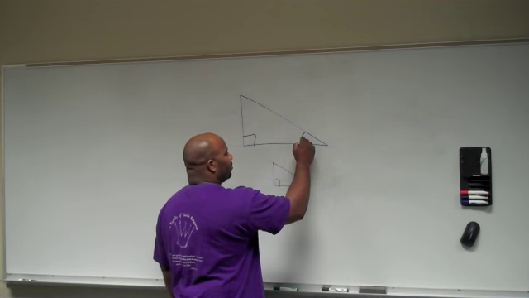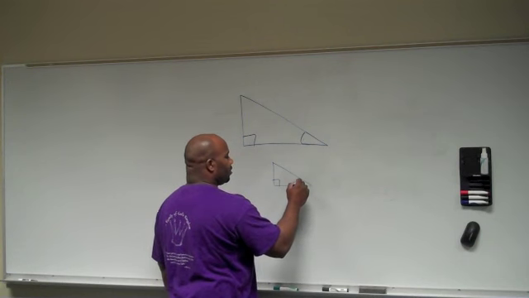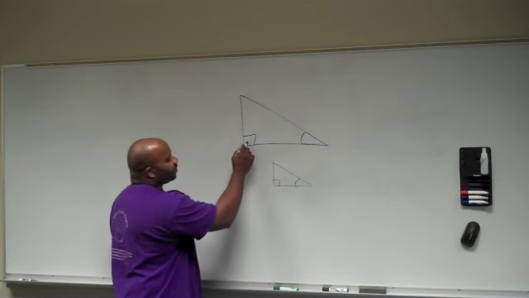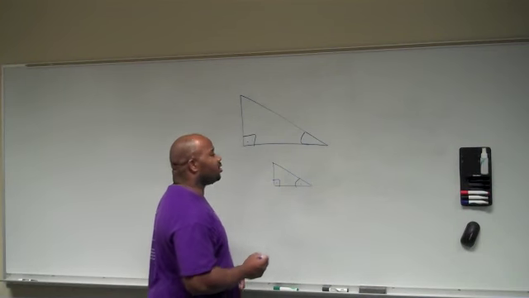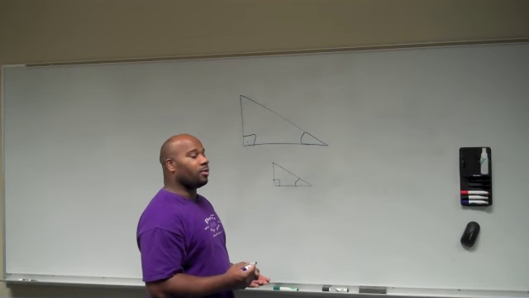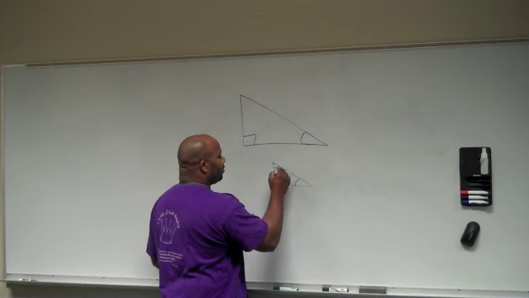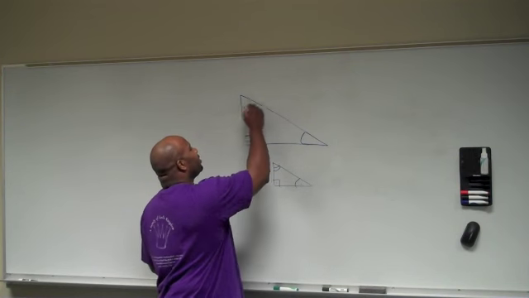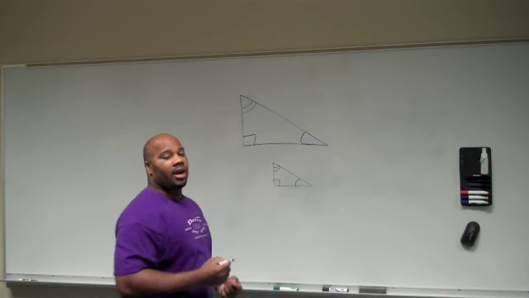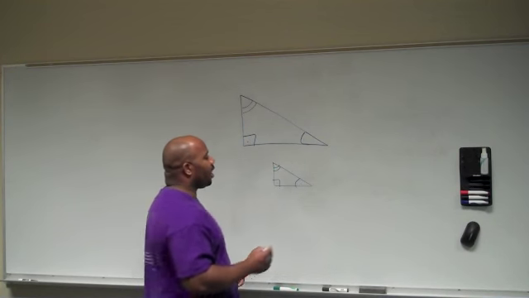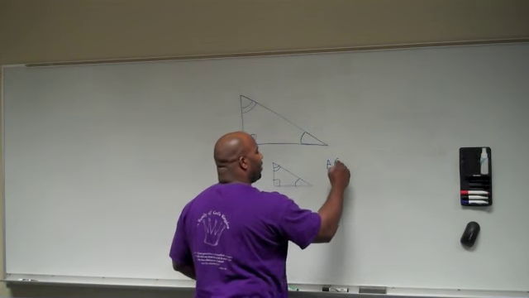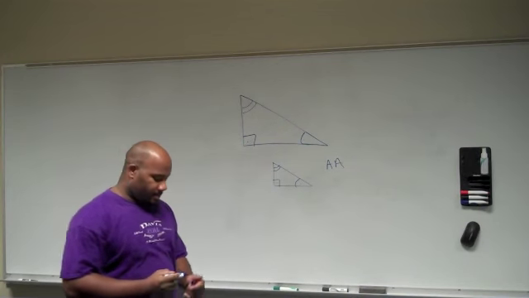So this angle is congruent to this angle, and this angle, which is a right angle, is congruent to that angle. Thus, because the angles in a triangle all add up to 180, this angle must be congruent to this angle, and we have just proven that these two triangles are similar by the angle postulate or theorem.